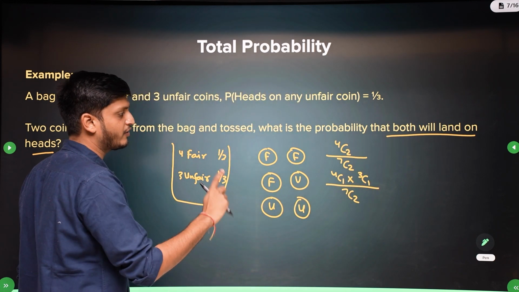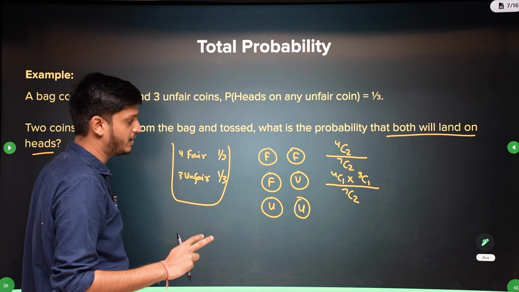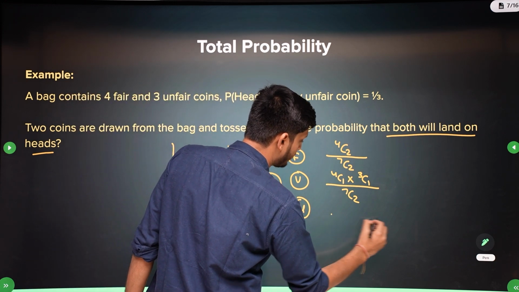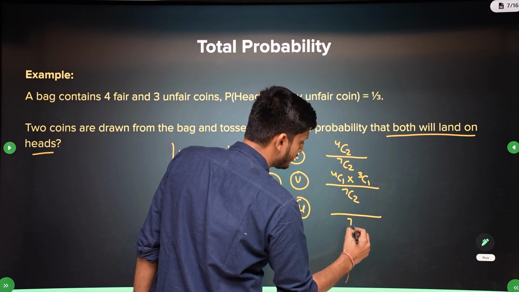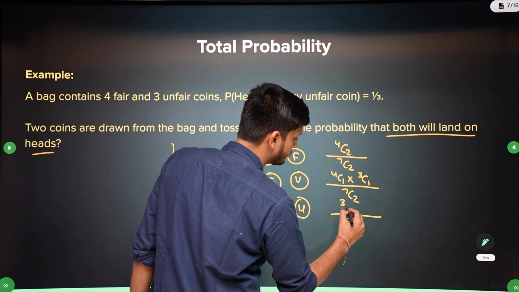So you take 1 fair and 1 unfair coin. What is the probability of getting both unfair coins? 3C2 over 7C2.